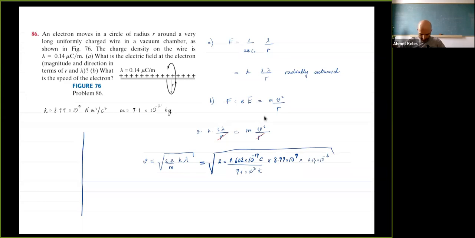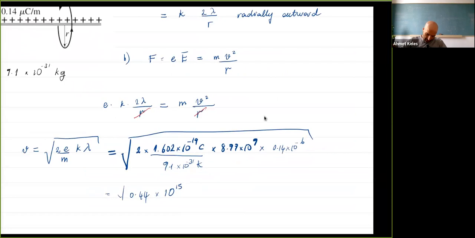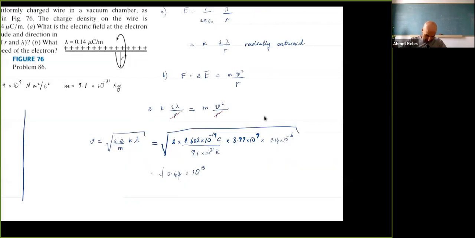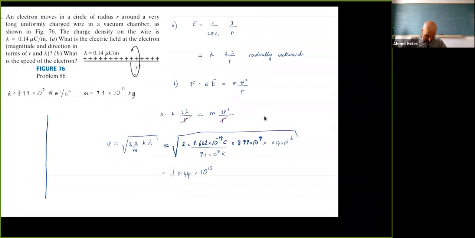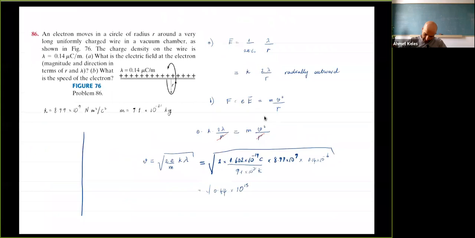Let's do this. Okay, let's check the units to make sure we didn't miss anything. So 8.99 should be Newton meter squared per Coulomb squared. Charge density is Coulomb per meter. This is Coulomb, and this is kilogram.